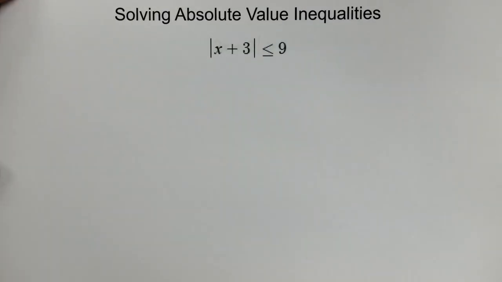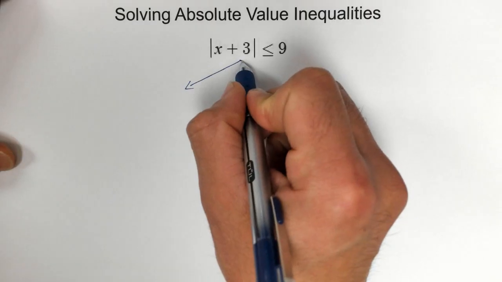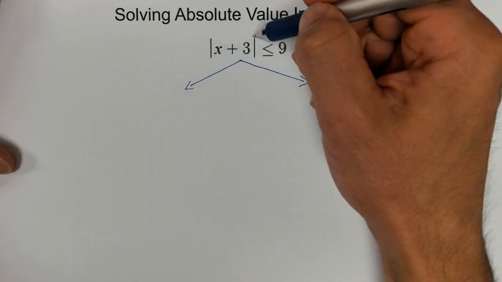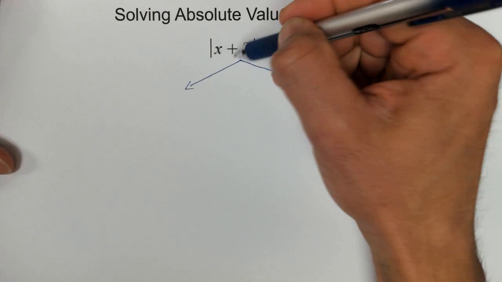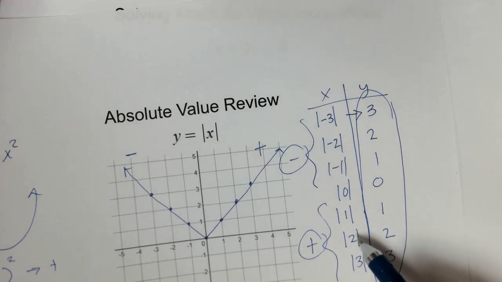How would you solve the absolute value of less than or equal to 9? Well, I first have to account for the fact that there are two sides to this inequality. I don't really have to know how to graph this inequality first by itself, right? But I know that if what's inside the absolute value is positive, like it was earlier, the absolute value of positive 2 didn't change.